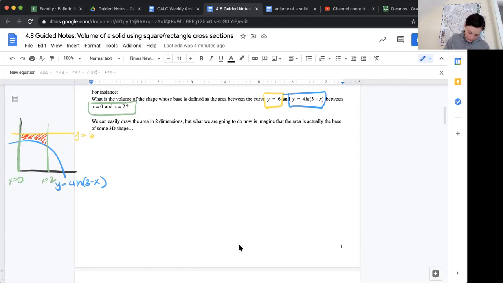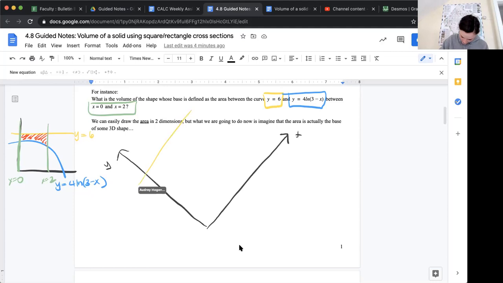So I'm going to draw a little bit of a tilted axis here, and hopefully you can imagine this as 3D a little bit. So this is X and this is Y. And I have my line Y equals 6 up here, and I have my other line Y equals 4 ln of 3 minus x right here.